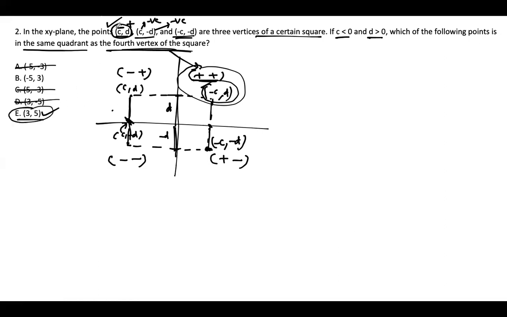Maybe there is some problem with the signs that you have taken. Have you considered this correctly, that C comma D will lie in the second quadrant? Nupur, you can check, and at the end of the class we can discuss this.